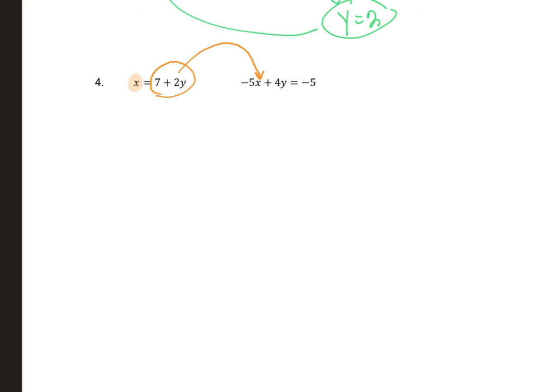So I'm rewriting the second equation without my x, but with everything else intact. And I'm rewriting that 7 plus 2y in where that x used to be.